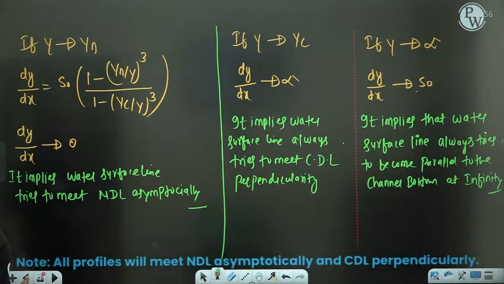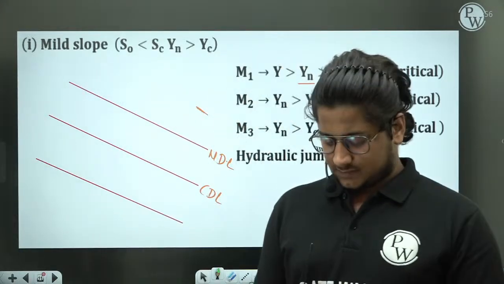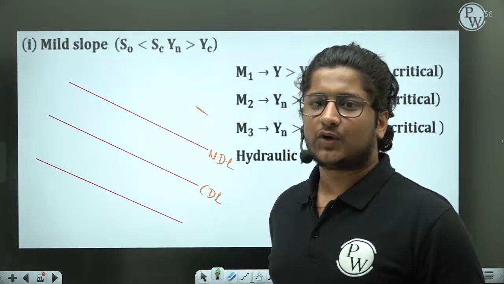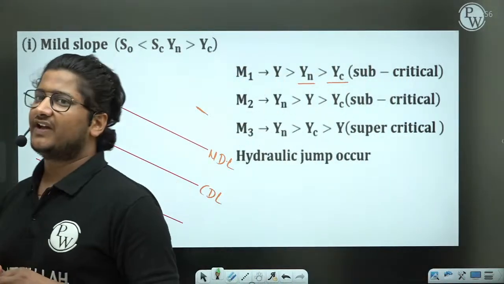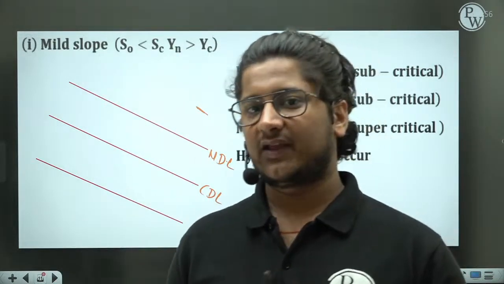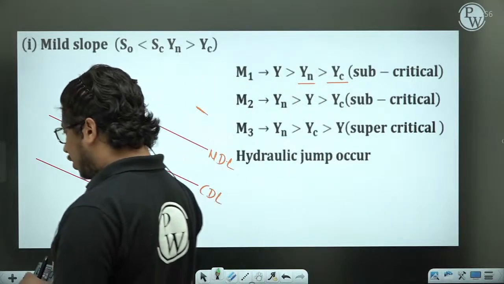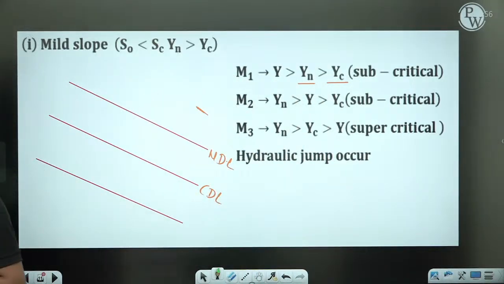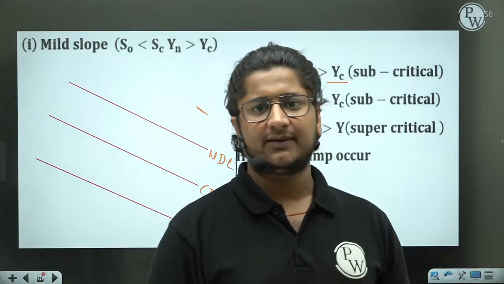Now with these few things, what we got is, first, that all the water surface profiles trying to meet the CDL line will always meet perpendicularly. That is the first conclusion. Second, all the water surface lines trying to meet the NDL line will make an asymptote with that NDL line.